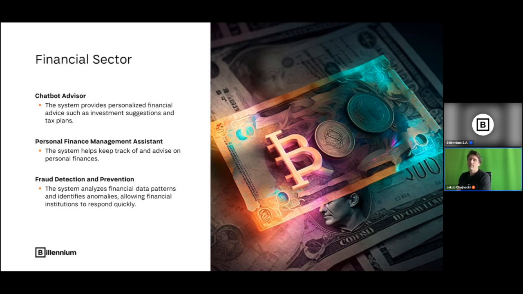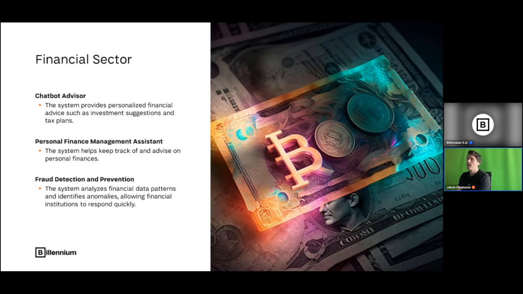The personal finance management assistant, so a little bit farther, the system that would keep track of your expenses and give you some advice on how to make your personal finances reach certain goals. And the last one is, of course, fraud detection and prevention.